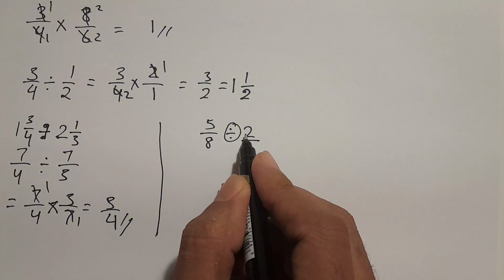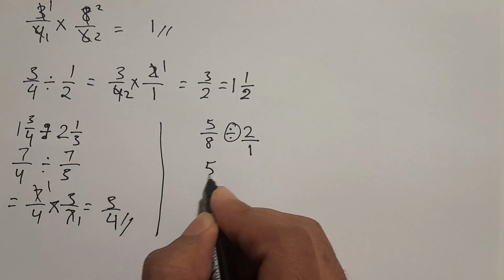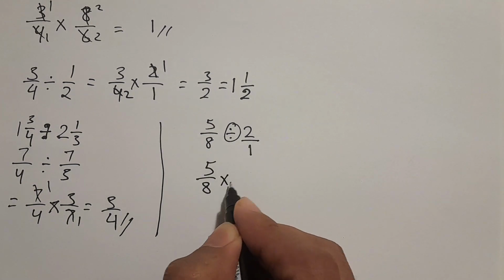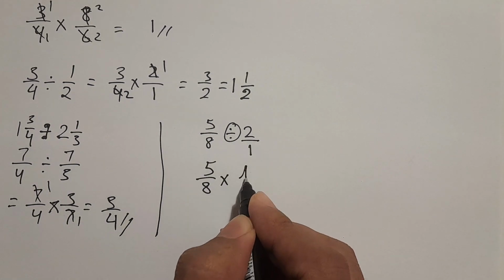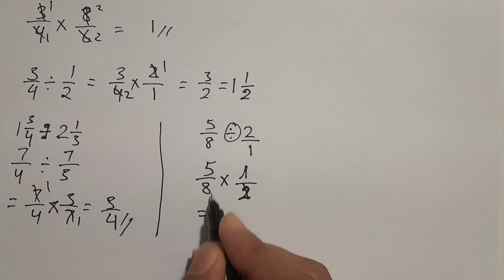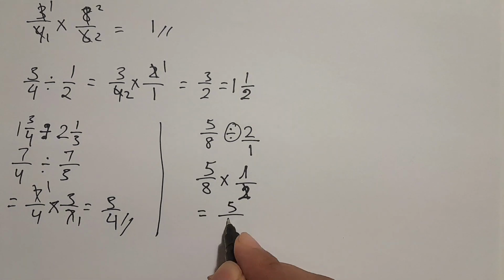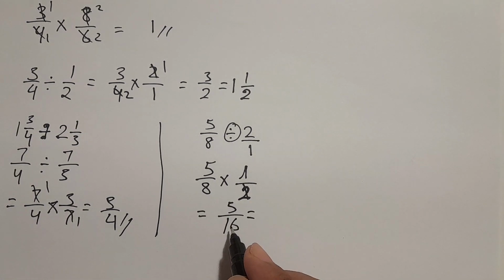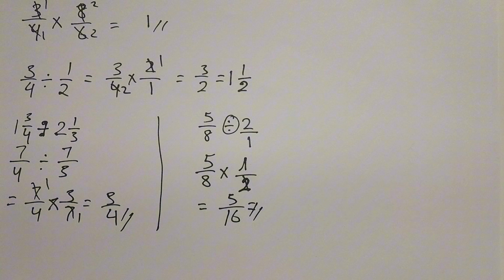So we write 2 over 1 and we will convert this by writing 5 over 8 multiplied by 1 over 2. So like this, and then 5 ones are 5 and 8 twos are 16. So the answer will be 5 over 16, and this will be the final answer.